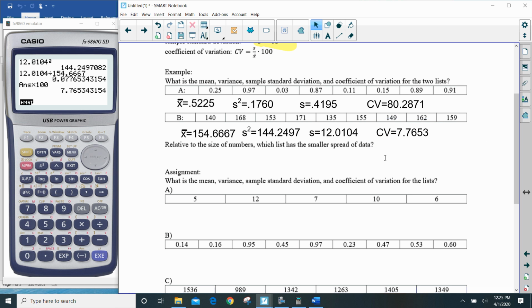There it is. All right, so the coefficient of variation is the answer to this question. So this is a generic spread, and you might think, wow, a spread of like 12 is bigger than 0.4195. Well, you might think that, but you could be talking about two completely different things. Like, how far is the city of Phoenix from the city of New York?